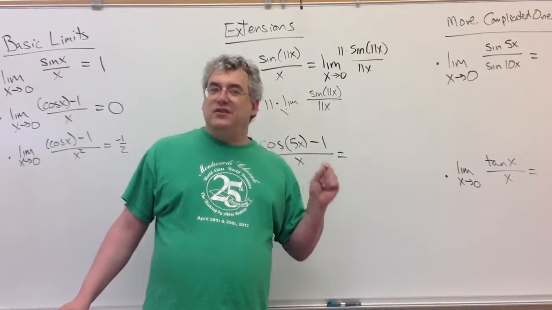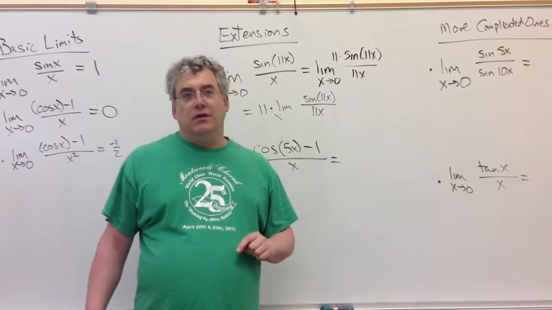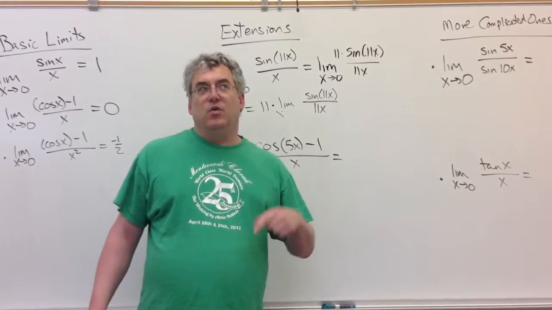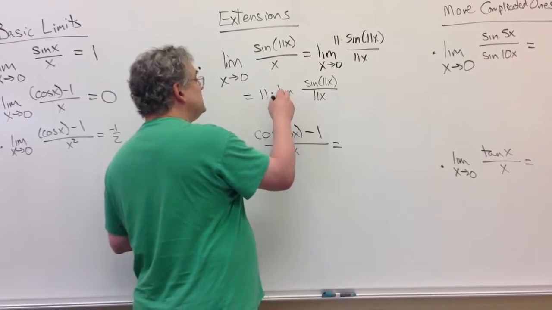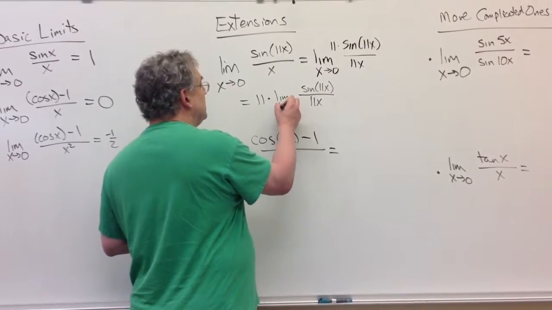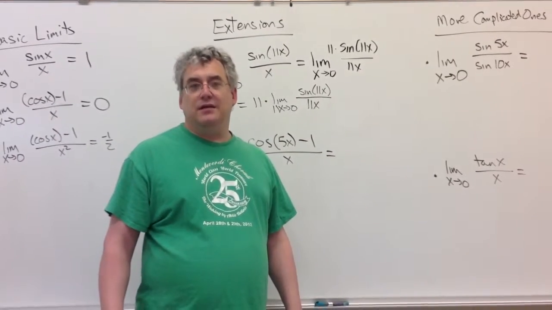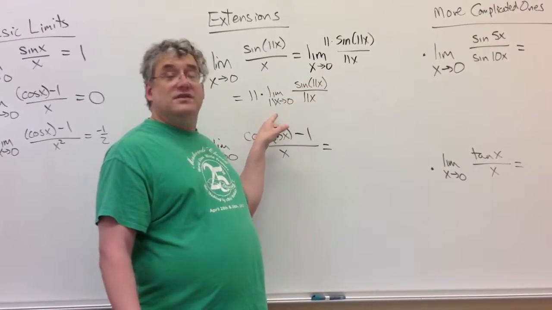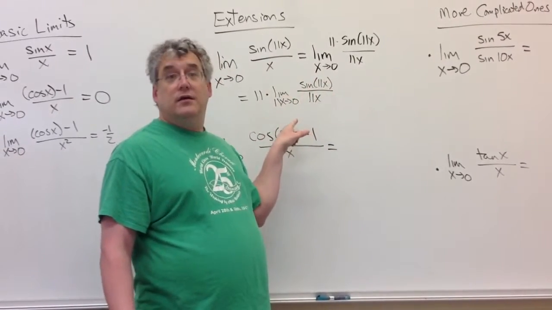Now that's not enough, they have to both match exactly. So if 11x is going to 0, where's x going? 1/11th of that, it's 0. So it is the same. 11x going to 0 is the same thing as saying x is going to 0. They're the same thing. Now that they're all the same, this limit is 1.